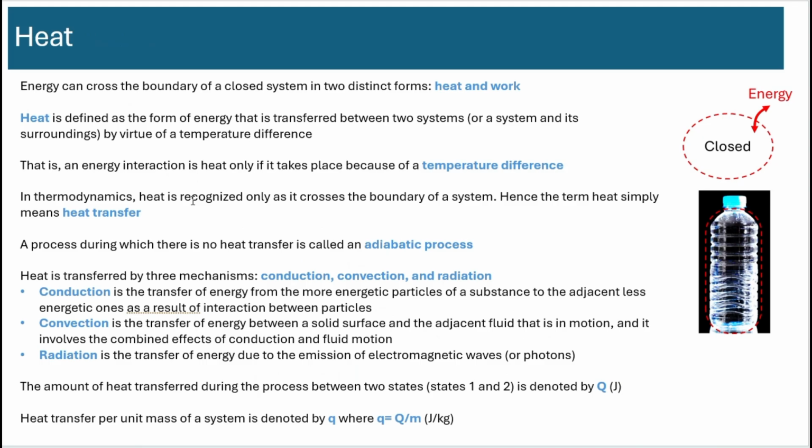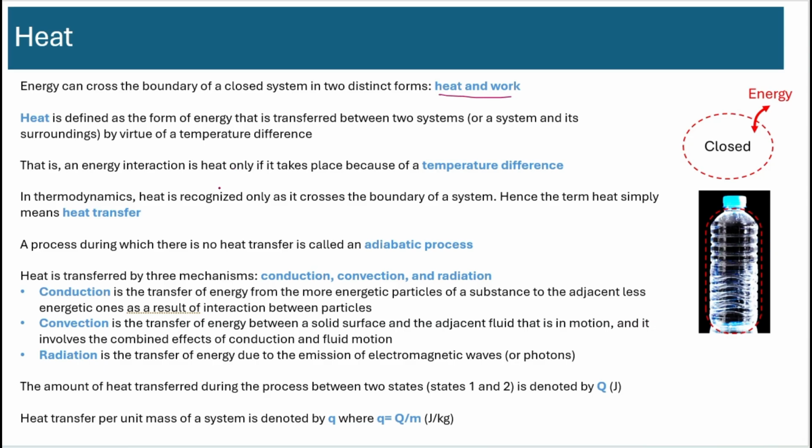Okay. So the two different ways energy crosses the boundary of a closed system is heat and work. It can cross the boundary of an open system too, but in a closed system, there are only two ways it can cross, through heat and work, because there is no transfer of mass. So the only way energy can transfer is through heat and work.